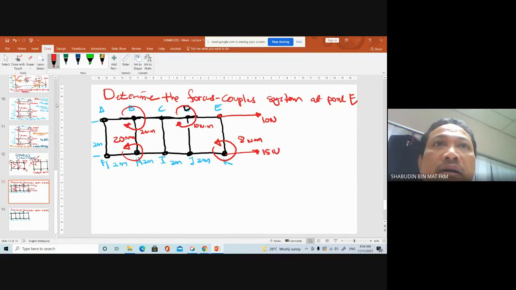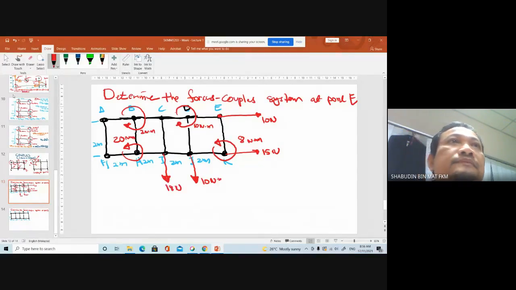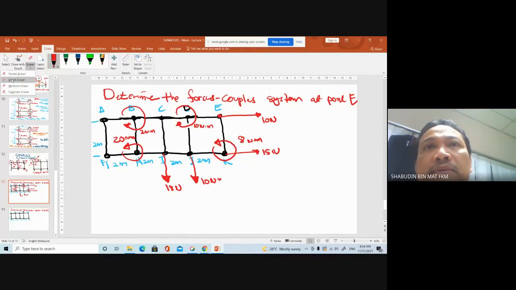At point I, you apply a force downward. So tell me what value you want. 10 Newton meter, 10 Newton and 18 Newton there. Okay, that's it.